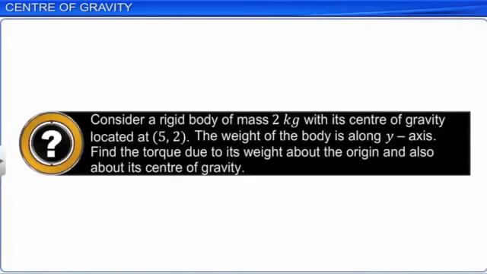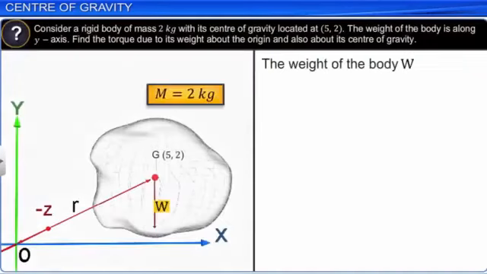For example, consider a rigid body of mass 2 kg with its center of gravity located at (5, 2). If the weight of the body is along the y-axis, find the torque due to its weight about the origin and also about its center of gravity. The weight of the body W is equal to mg, which is 2 into 9.8, equal to 19.6 Newton.